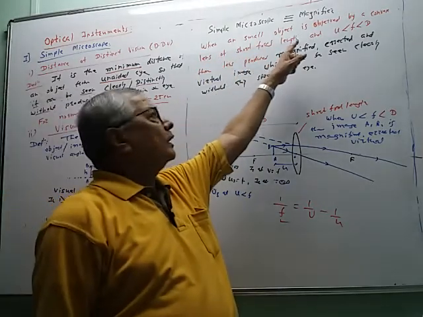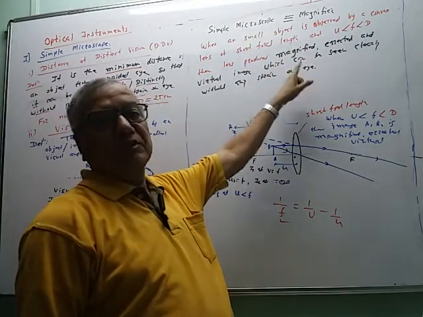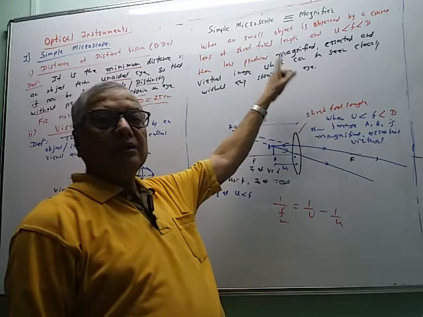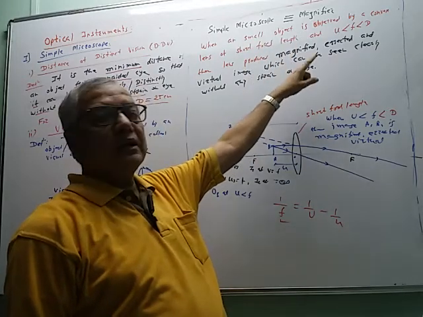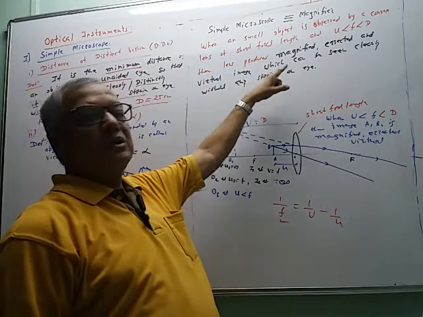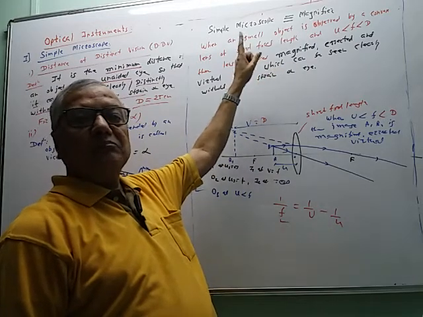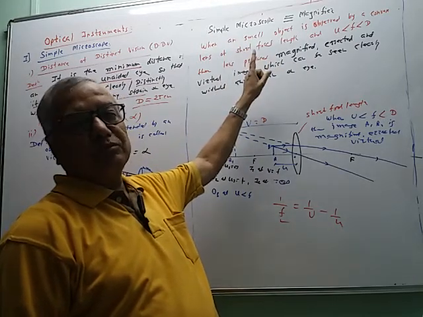So when a convex lens is used for this purpose, to get the magnified, erected and virtual image, then it is called as a magnifier, then it is called as a simple microscope.